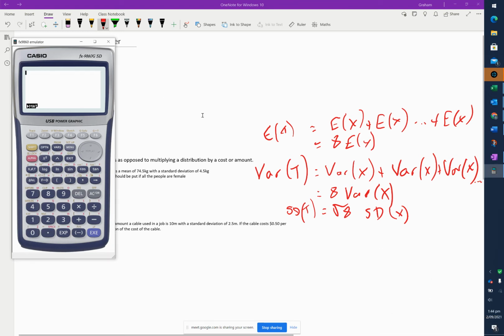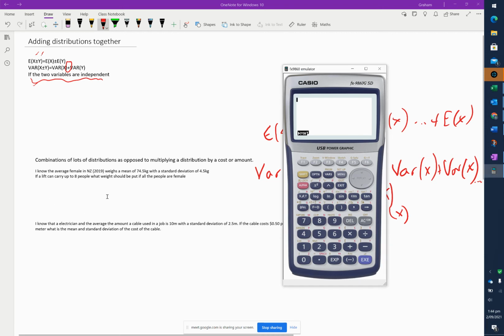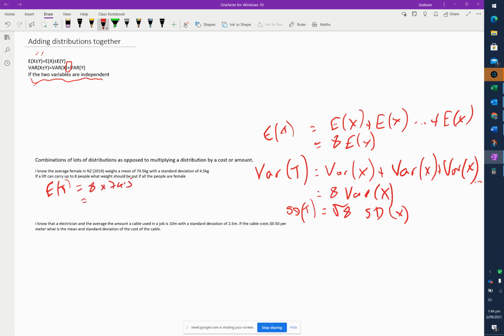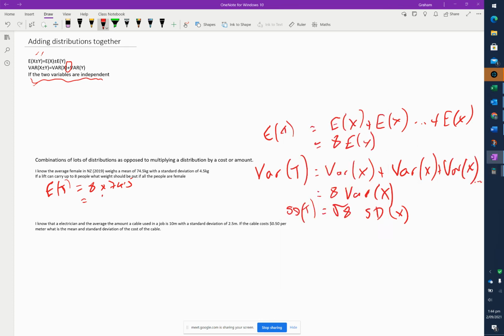Right. So the mean and standard deviation for my lift will be 8 lots of my mean, which is 74.5. So the lift mean is 8 times 74.5, which is 596 kgs.